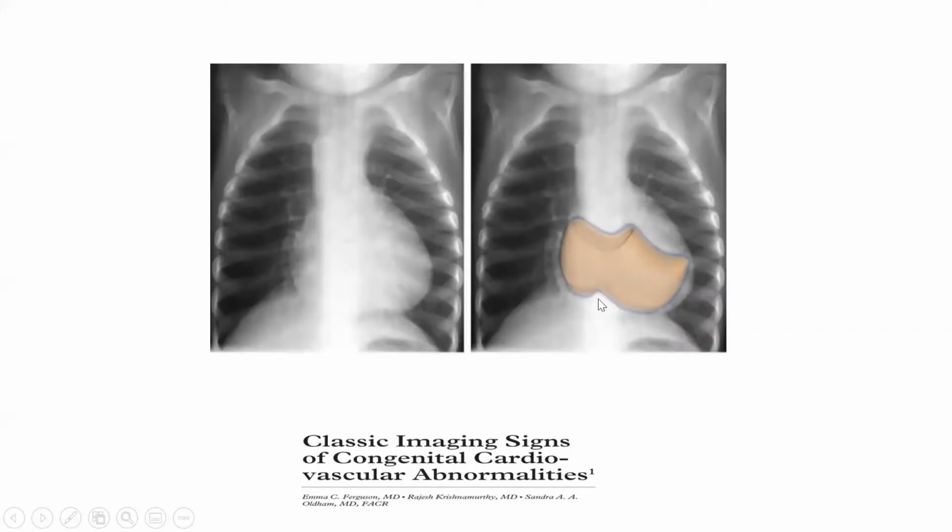That's why it gives a boot-shaped sign. So the boot-shaped sign is due to two things: RV dilatation and the pulmonary atresia. The pulmonary atresia leads to concavity here, and the RV dilatation leads to convexity and elevation of the heart. So it looks this way.